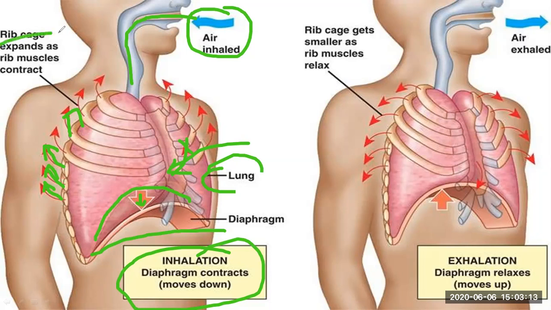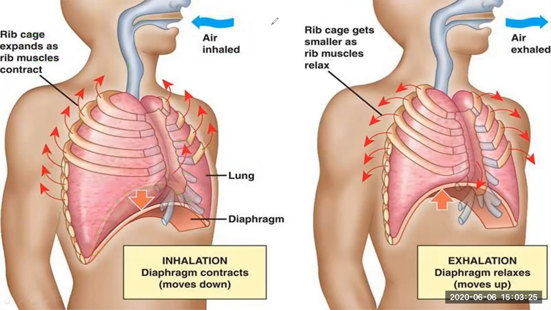Here they have given: the rib cage expands as the rib muscles contract. Okay, so this is what I have explained about inspiration. The other figure is showing exhalation, which means expiration. I had already told you, don't get confused.